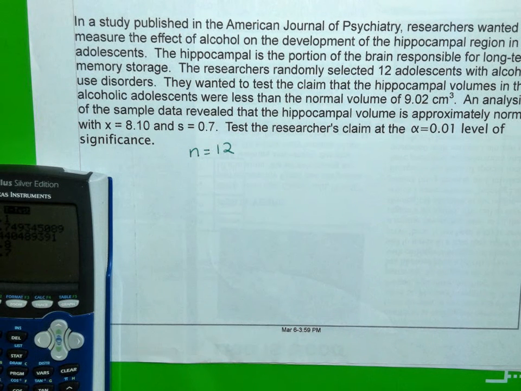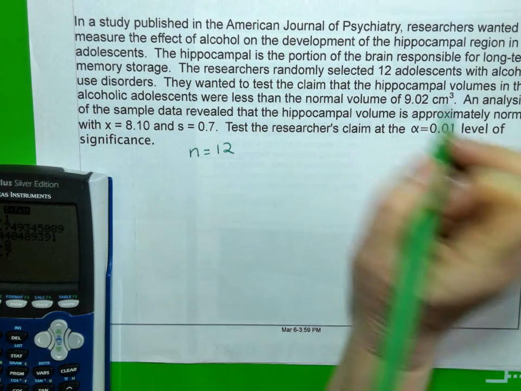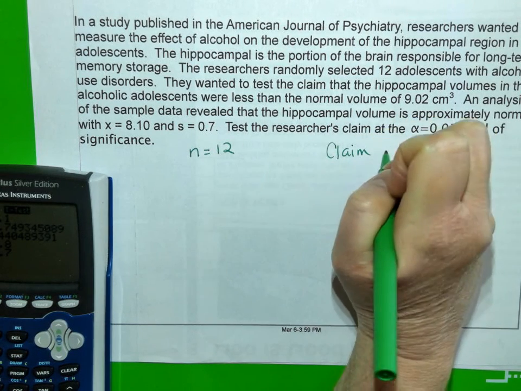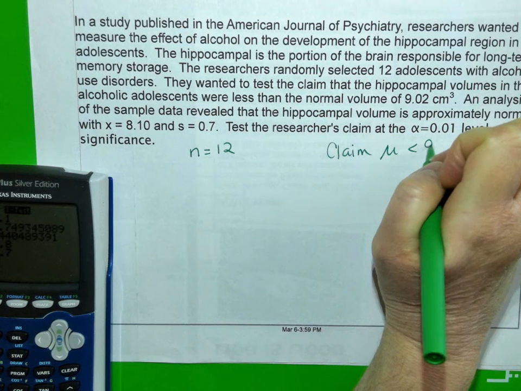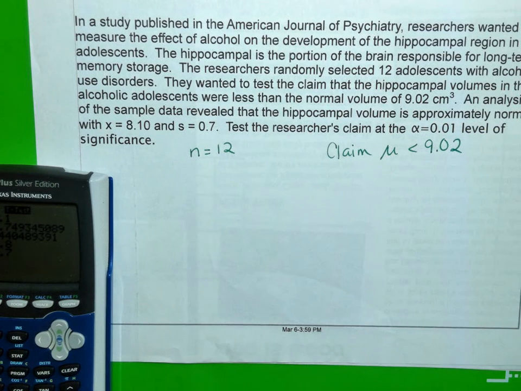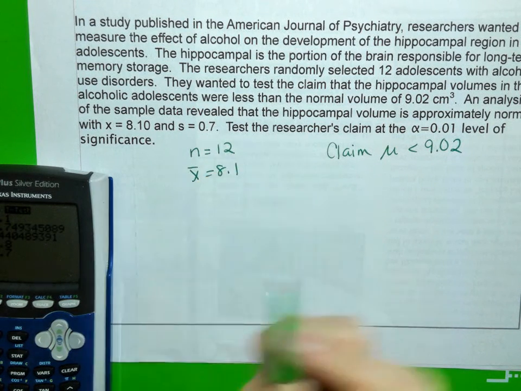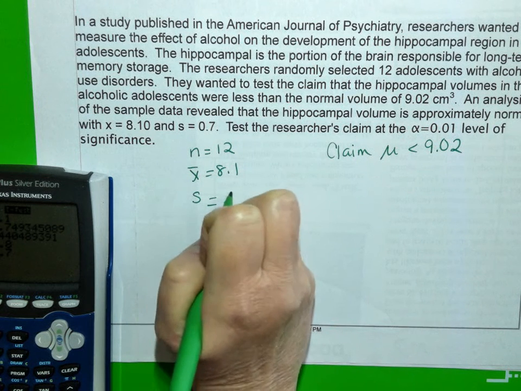They wanted to test the claim that the hippocampal volumes in the alcoholic adolescents were less than normal. So, claim. The mean is less than 9.02. An analysis of the sample data revealed a hippocampal volume of approximately normal with X bar 8.1, S is 0.7.